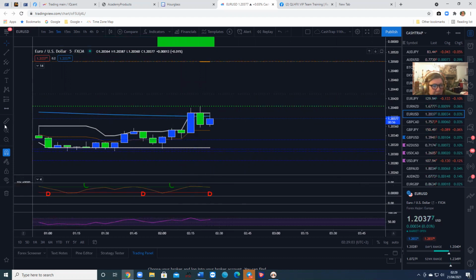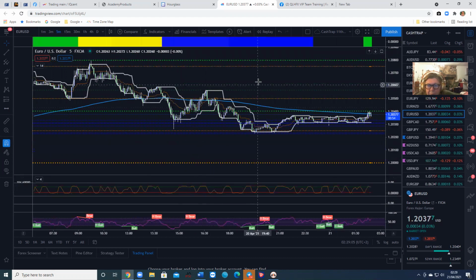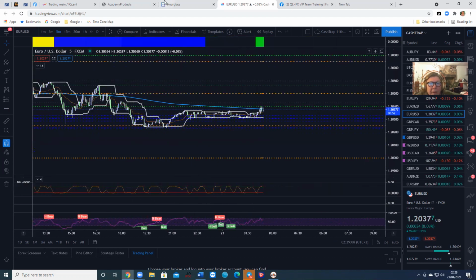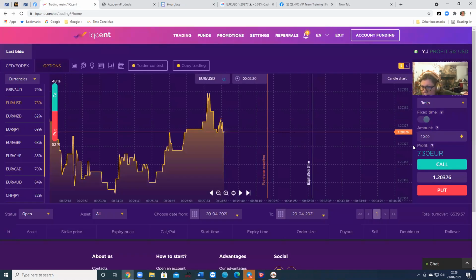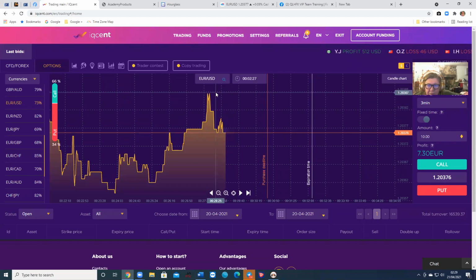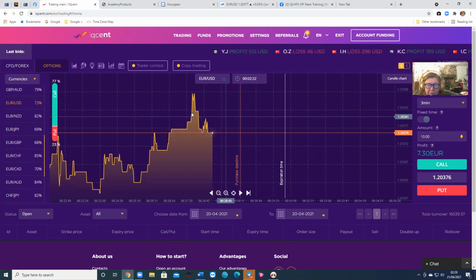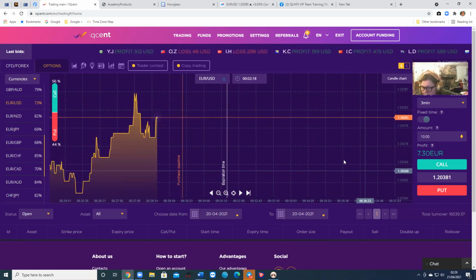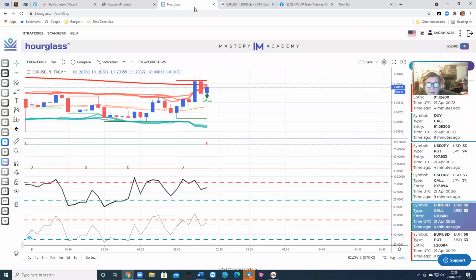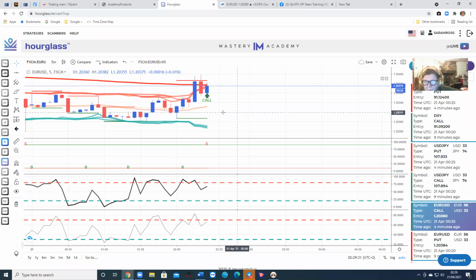We're at 29 minutes past. Hourglass, just wicking off that. Price on the broker, 376. So if we get a pullback, 381. 29 seconds to go.